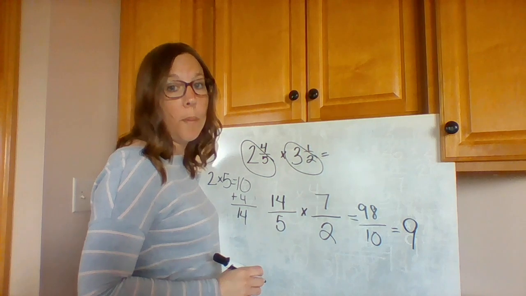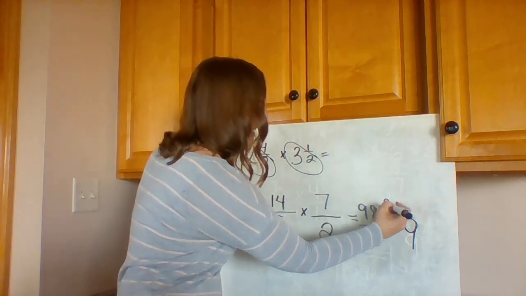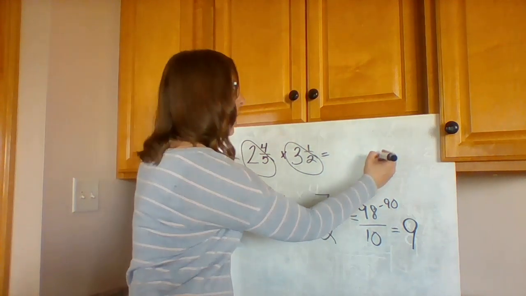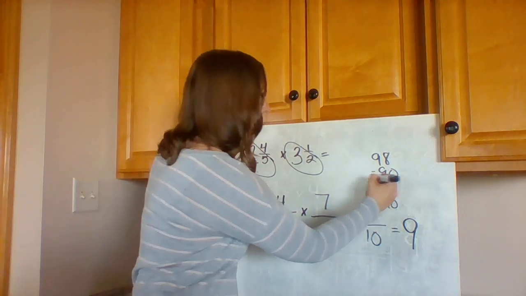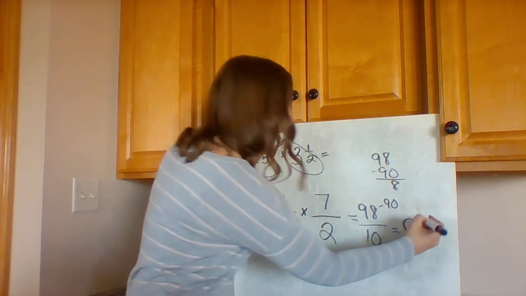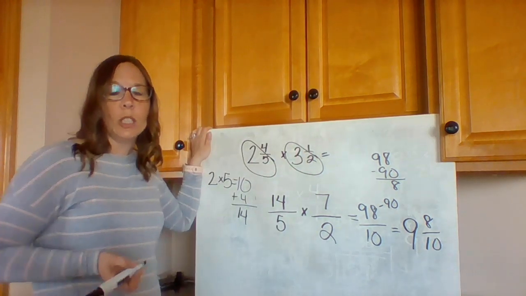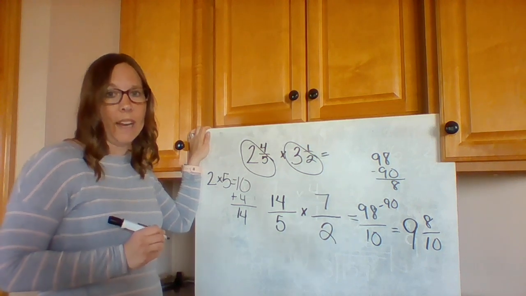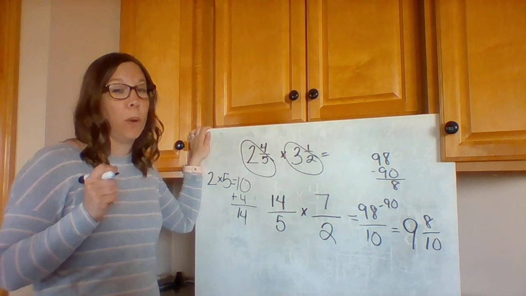Now, hopefully you remember what we do. 10 times 9 is 90. I'm going to subtract 90 up here. 98 minus 90, I'm going to subtract those two numbers. 98 minus 90 is 8. So I have 8 over 10. So 9 and 8 tenths. Now, 8 tenths can be simplified again because we know that 2 can go into both of those numbers because those are both even.